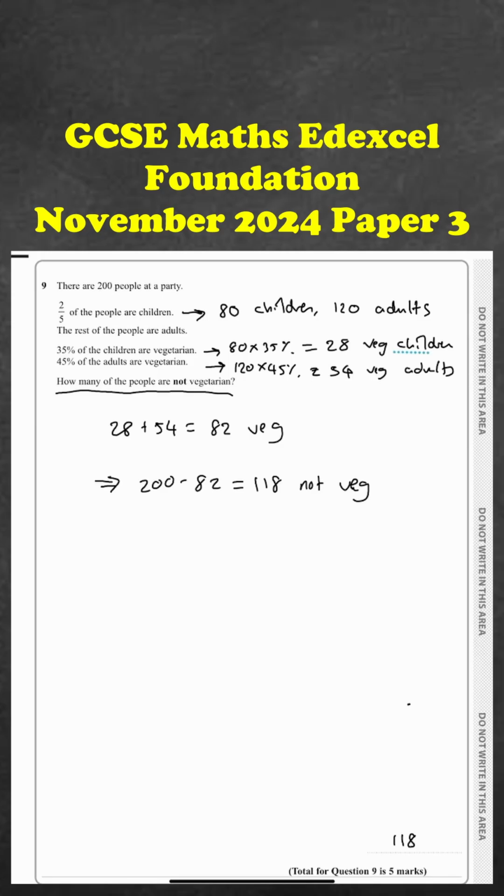The question wants us to find out how many of the people are not vegetarian, so 28 plus 54 gives you 82 vegetarian, therefore 200 minus 82, which is 118, not vegetarian. And that's your answer.